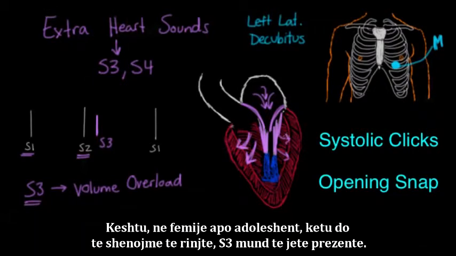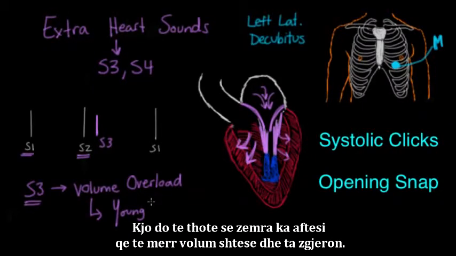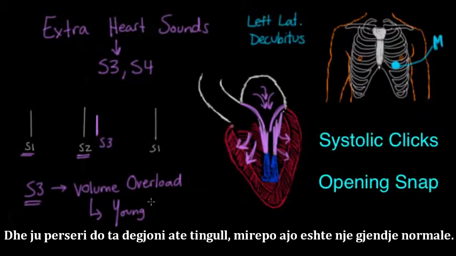In kids or adolescents, and we'll just write young here, an S3 can actually be present, but that's usually normal. This just means that the heart is capable of taking extra volume and expanding, and you'll still hear that sound, but it's a normal condition.